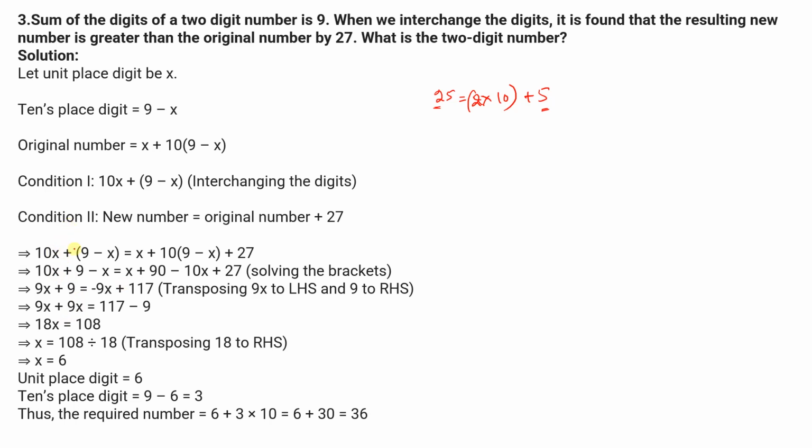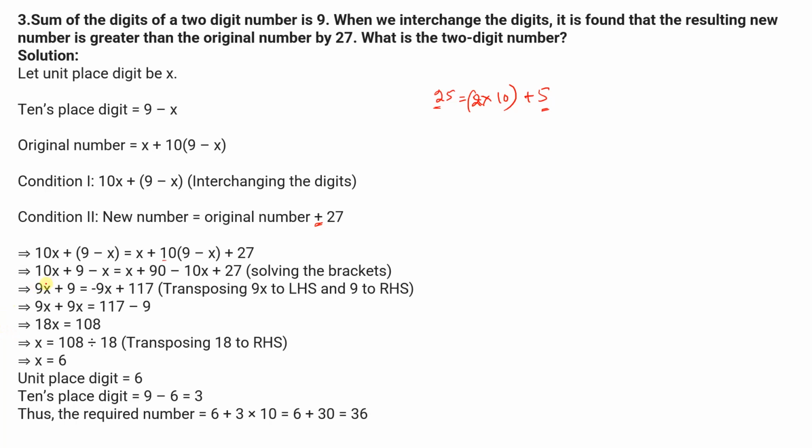Now, the new number is 10x plus 9 minus x. So this is the new number. And the original number is x plus 10 into 9 minus x, plus 27. It is 27 more than, and more than means you have to put a plus sign. Now, 10x plus 9 minus x is equal to x plus, this is a product of a monomial and a binomial, 10 into 9 is 90, plus of minus is minus, 10 into x is 10x, plus this 27.